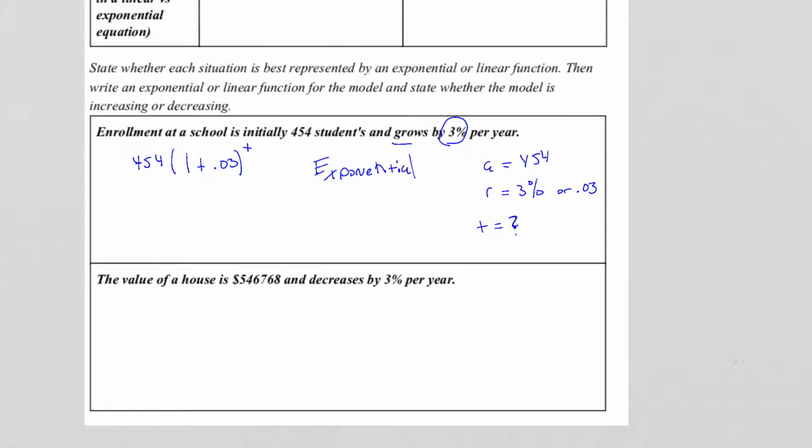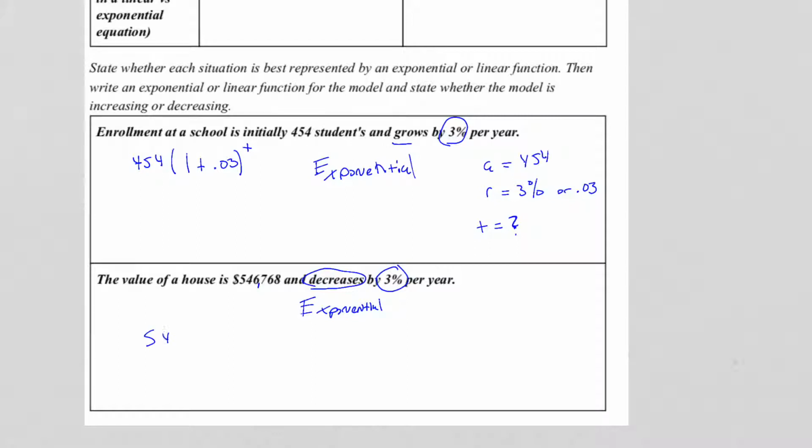What about this next scenario? We have a house sold for $546,768, decreasing by 3% a year. This is also exponential. I mean, kind of a dead giveaway, if it's exponential, at least in these scenarios, is the percentage part.